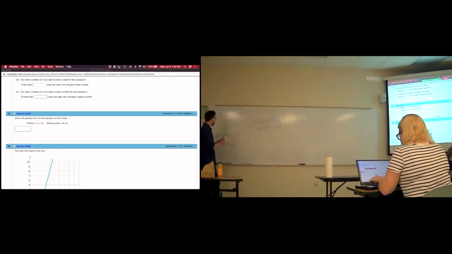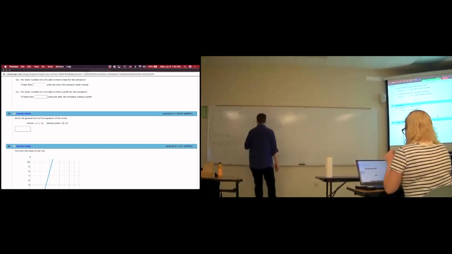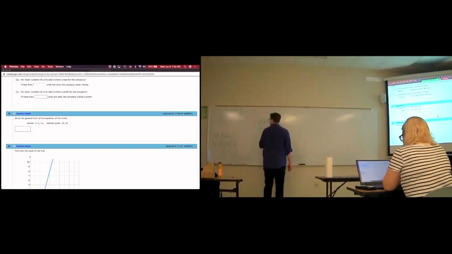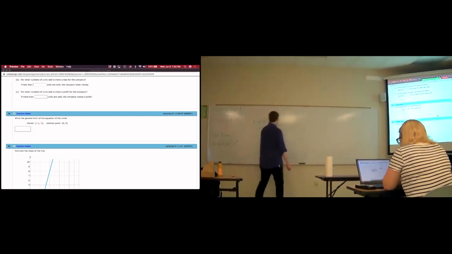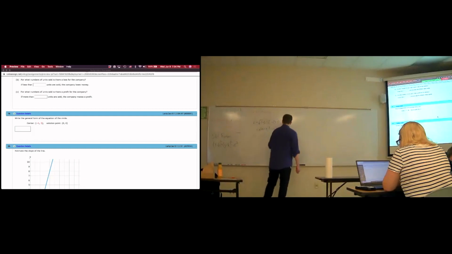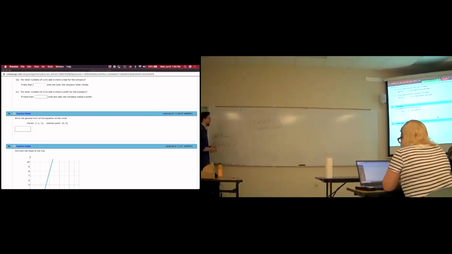Now, coming back over here to the standard form, we know that x minus negative 5, that quantity squared, plus y minus 3, that quantity squared, is equal to the square root of 34 squared, so just 34. Agreed?